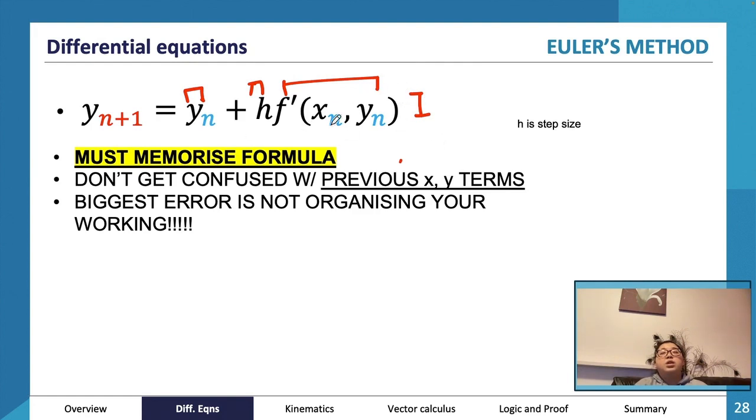So essentially this is like rise over run, and then you're multiplying it by its run, so you'll get the rise. So you add the rise to the previous y value to get the overall y value. The whole thing is that you use this y value as your anchor point, and this whole thing represents the change in y.